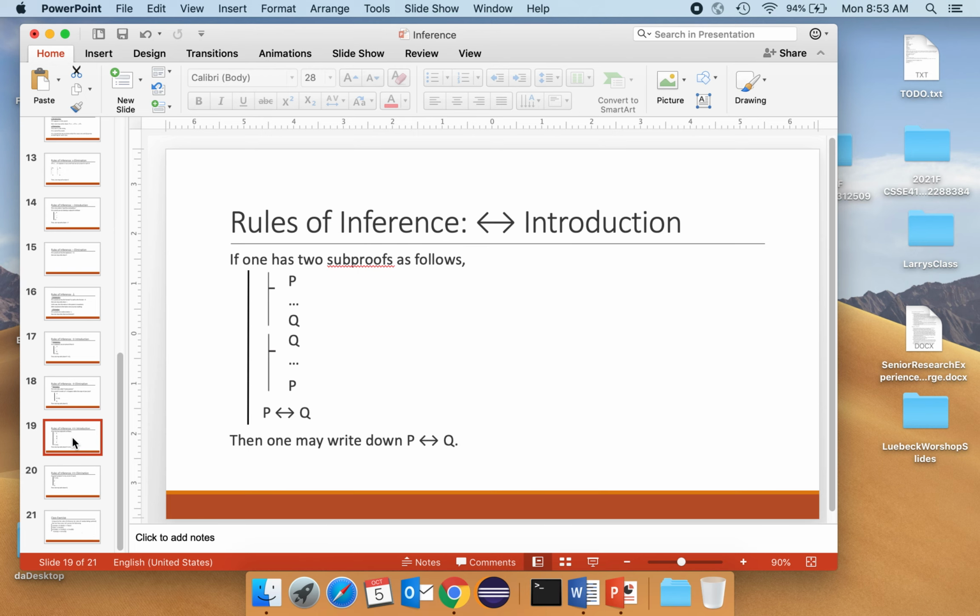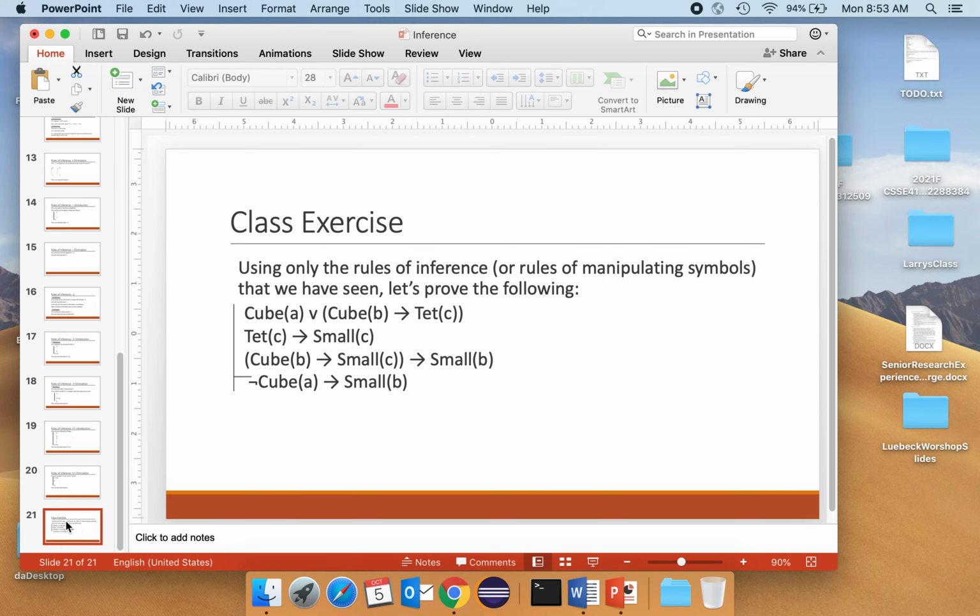So what I want to do now is give this proof over here using only the rules of inference that we have seen. Typically I ask you to do this in class and I'm able to walk around and talk to many of you about some of the non-syntactic ways in which you prove these things.